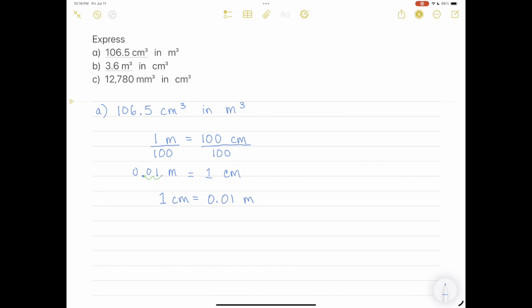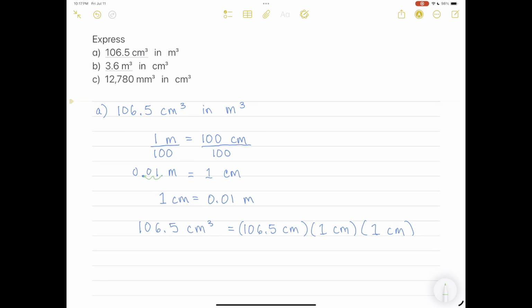Now we can break down 106.5 cubic centimeters. 106.5 cubic centimeters equals 106.5 centimeters times 1 centimeter times 1 centimeter.